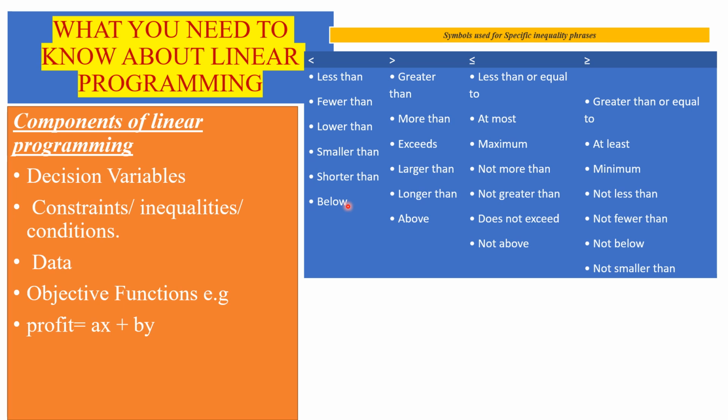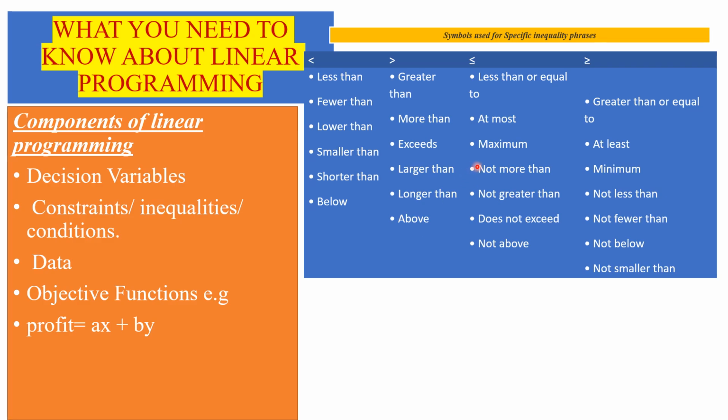The moment they say whoever scored below 50%, just know that we want those who scored less than 50%. Then we have greater than, which is the same as more than, exceeds, larger than, longer than, and even above. All those words can be used instead of greater than.